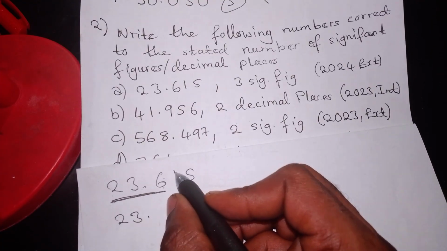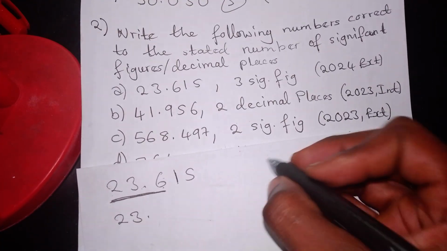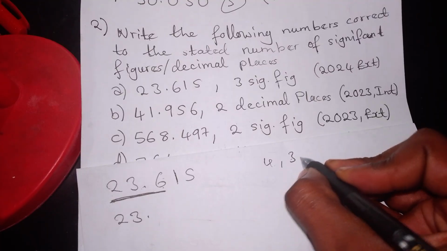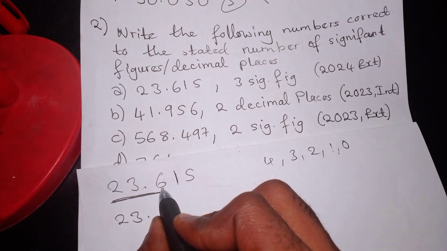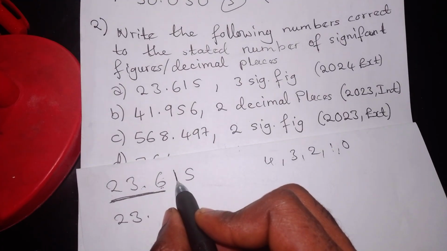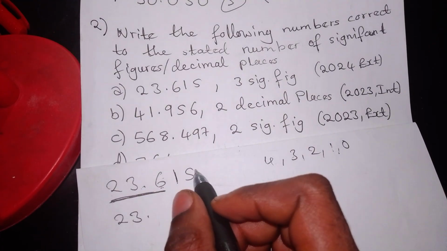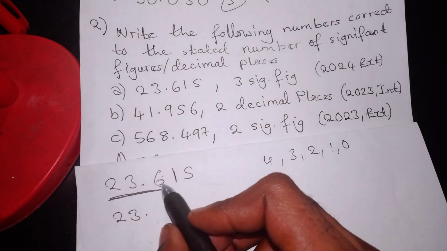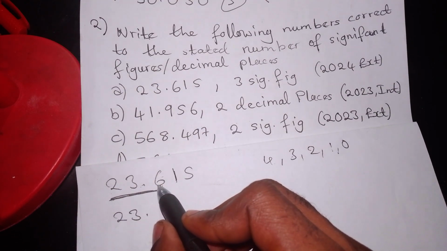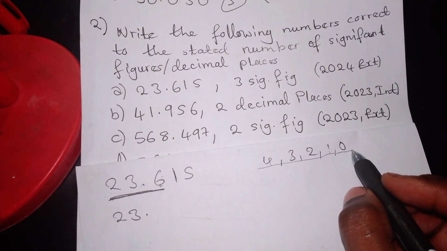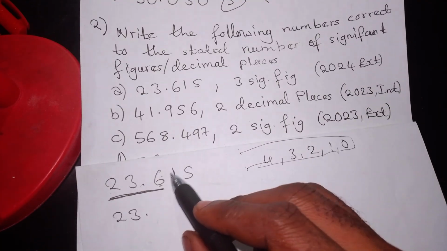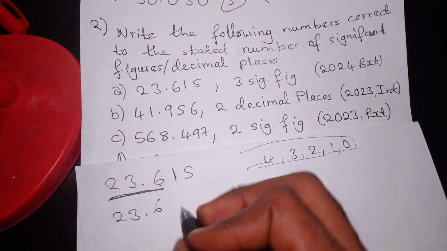If this number is below 5, let's say it's a 4, a 3, a 2, a 1, or a 0, then this one will remain the same. If this number is a 5 and above, then you expect this to increase by 1. So as you can see, 1 is less than 5. It's among these numbers. So the 6 will remain the same.